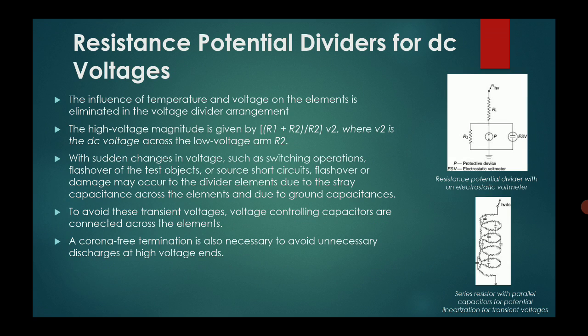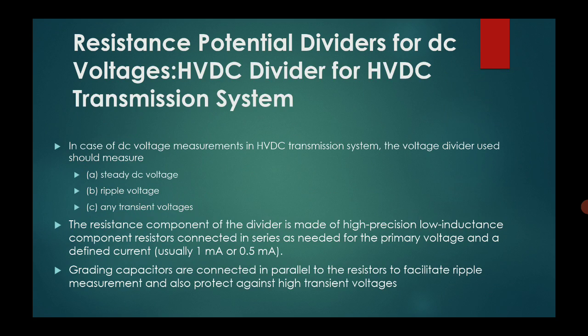So we are talking about the resistance potential dividers for DC voltages. For the same application, we have the high voltage DC, HVDC, dividers for HVDC transmission systems. In this case, for DC voltage measurements in HVDC transmission systems, the voltage divider used should measure a steady DC voltage, the ripple voltage, and any transient voltages.